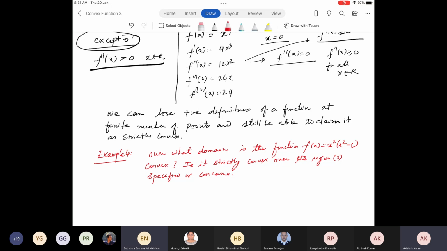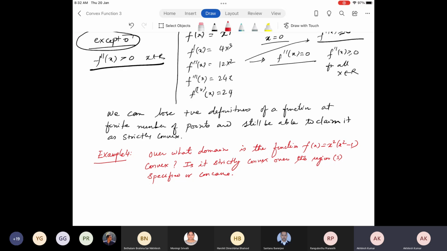Sir, for x greater than 0.4, it is strictly convex. Can you give me in reciprocals? Sir, 1 by root 6.